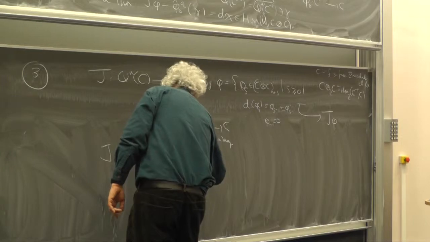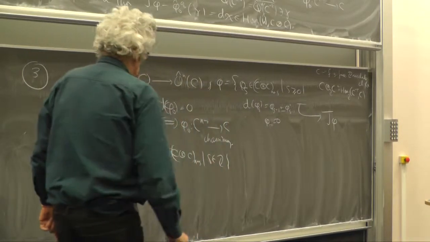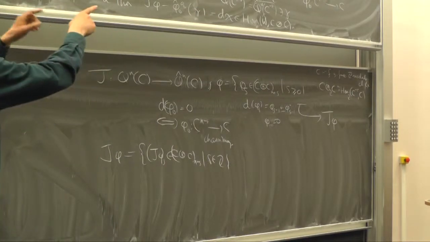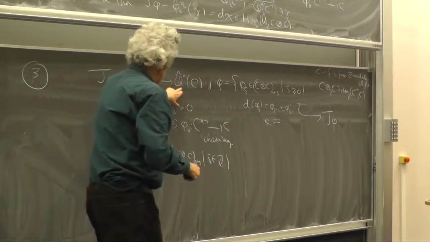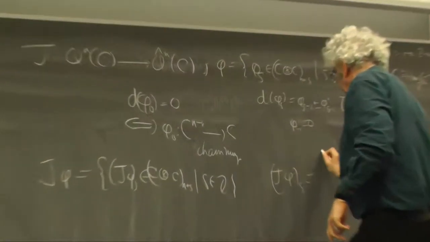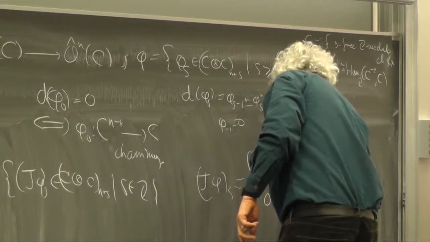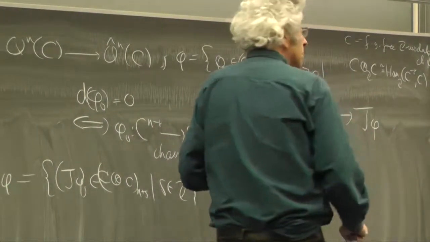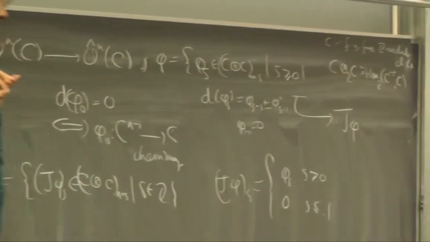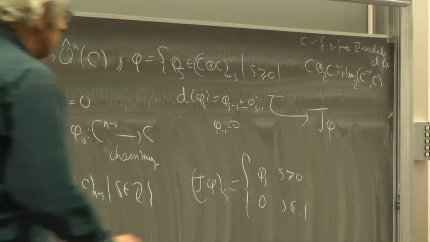Except because I'm using the complete resolution, this Q hat, I have to tell you what J is in negative dimensions. And it's 0. And this is the exact analog of cap products vanish in suspensions.